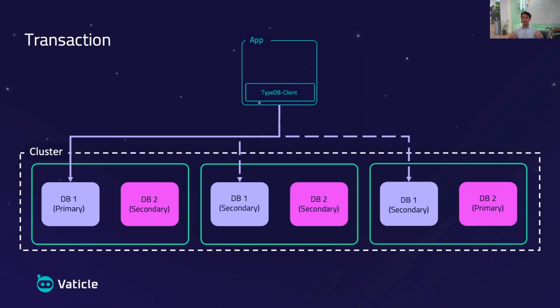So from the user experience perspective, connecting to a TypeDB cluster is exactly the same as connecting to a TypeDB instance in which there's only a single instance, given that the switching between one server and another is taken care of by the client transparently.